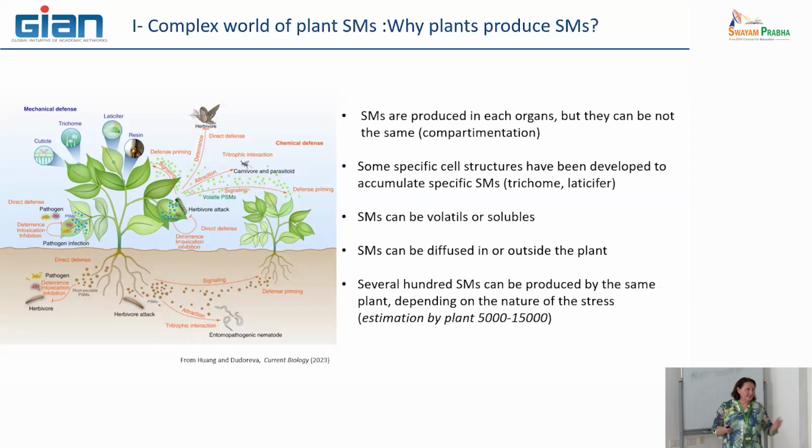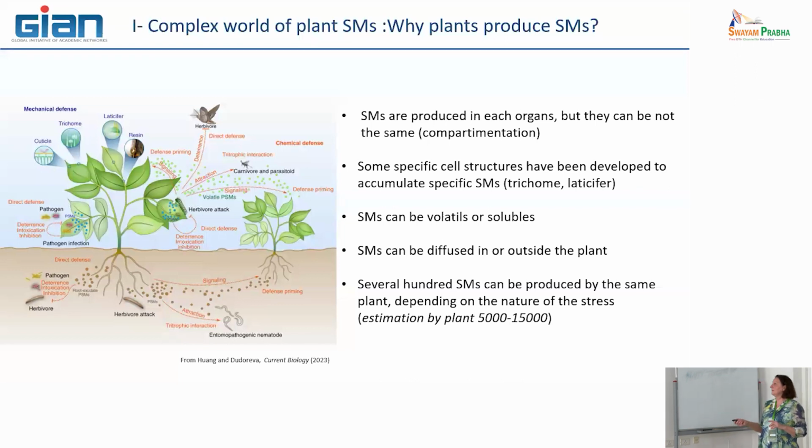We have seen that they can be soluble, which is easier to extract and analyze. When they are volatile, it's not exactly the same technique used to capture and analyze this type of molecule. And sometimes some are soluble, and just a little modification makes them volatile. So this is important to have in mind.